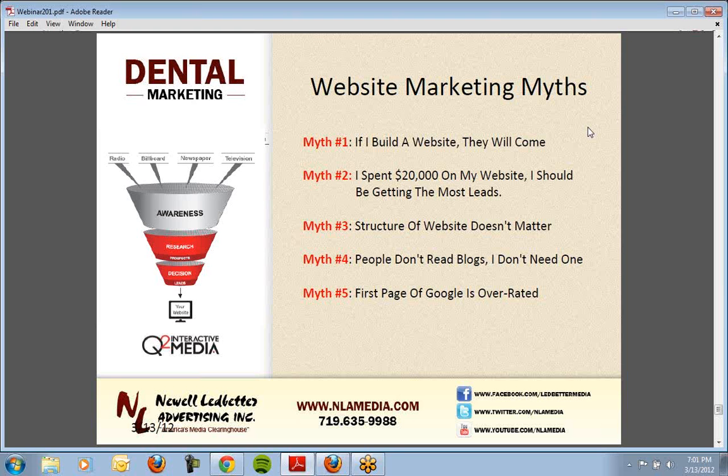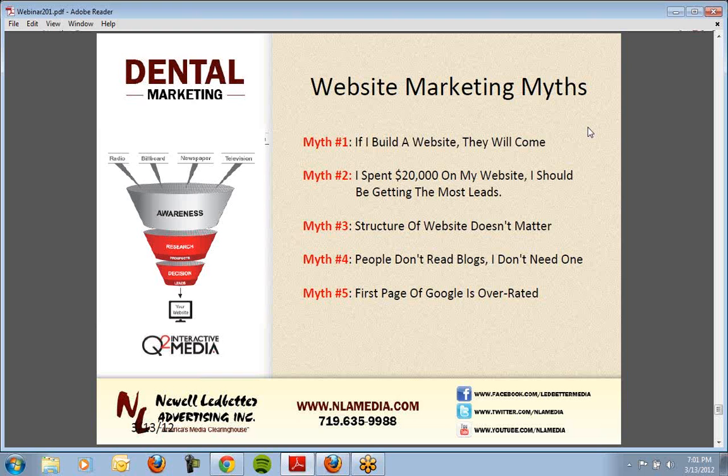Myth number 5, and this is one of the most important myths. The first page of Google is overrated. Well, we know from research that 80%, maybe 85% of all transactions happen on the first page of Google. There's only one page. As you go to page 2, page 3, page 4, page 5, the engagement rate just drops dramatically.